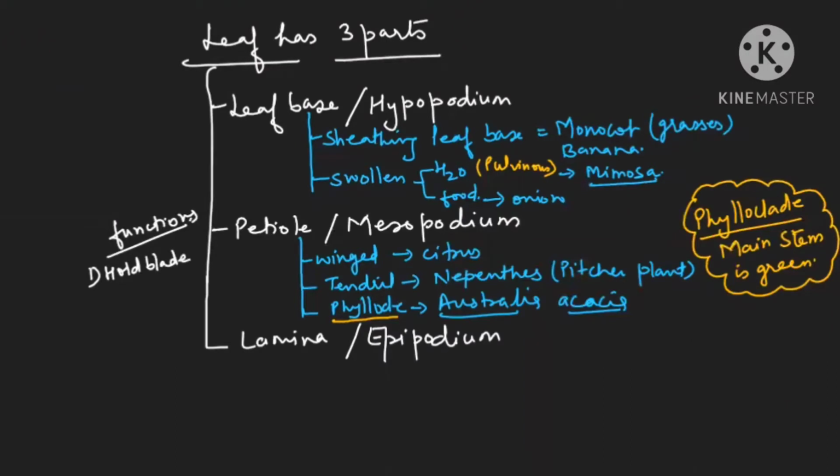Blade means lamina. Okay, hold blade to light. First function. Second function, it is helping blade to flutter in wind and thus cooling the leaf and bringing fresh air. Who will flutter in wind? Blade means lamina. Flutter in wind and thus cooling effect is there and bringing fresh air.